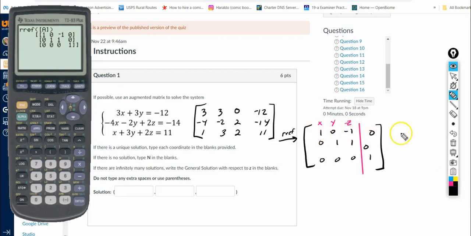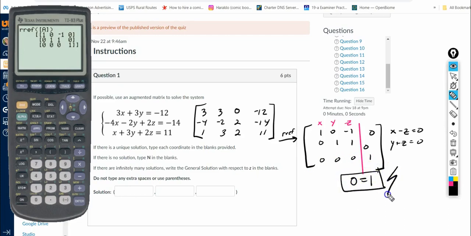The first row tells me 1 times x plus 0 times y minus 1 times z is equal to 0. The second row tells me 0 times x plus 1 times y plus 1 times z equals 0. Now the last row tells me 0 times x plus 0 times y plus 0 times z equals 1.